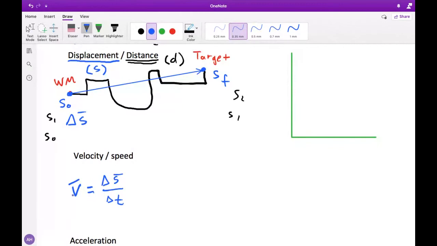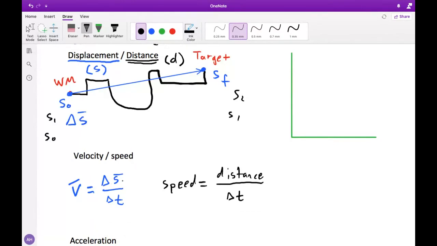This is a vector quantity, and it differs from speed in that speed, instead of displacement, is given by the distance d, over the change in time.